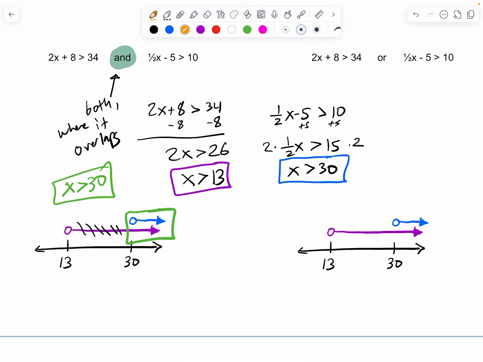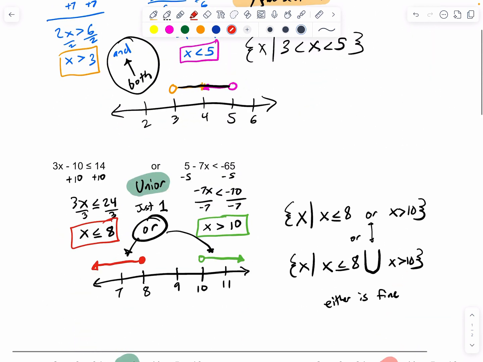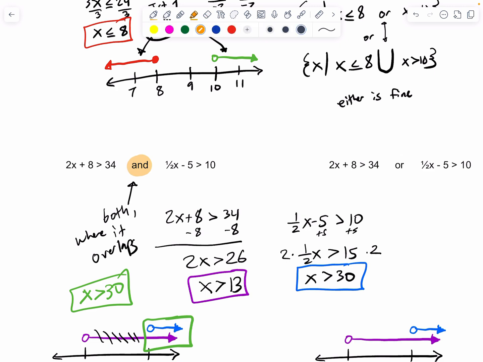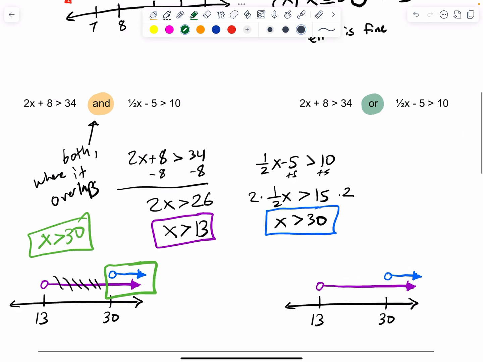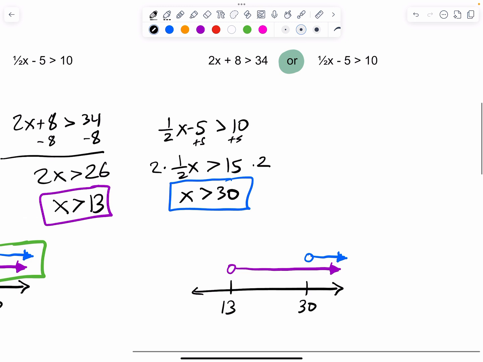Now, if it's or, let's see, what did I do before? Oh, I switched that. Orange was intersection, okay. Okay, so either one works.